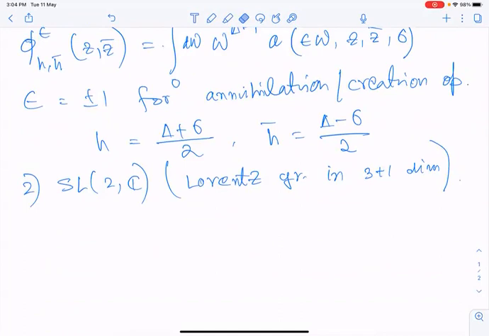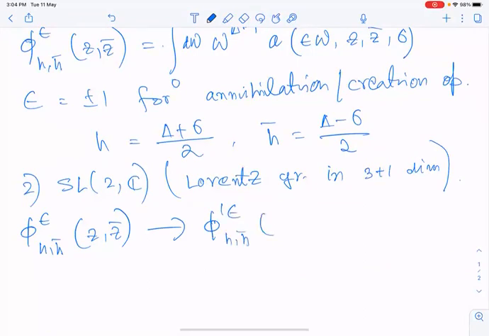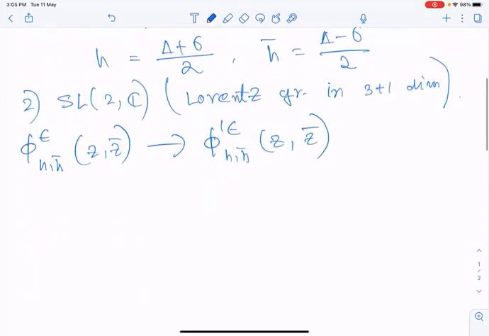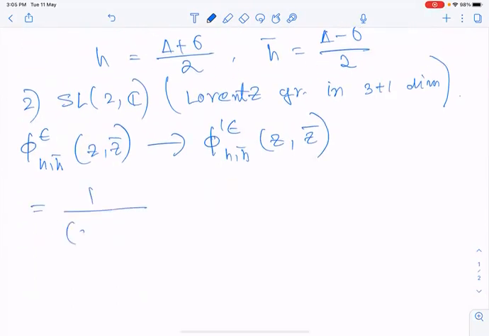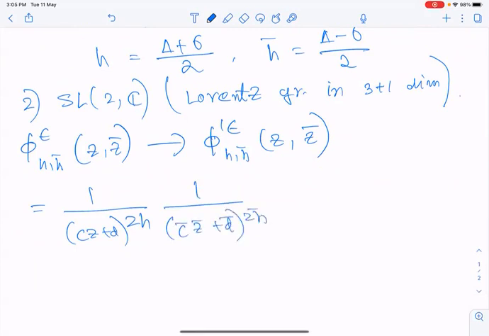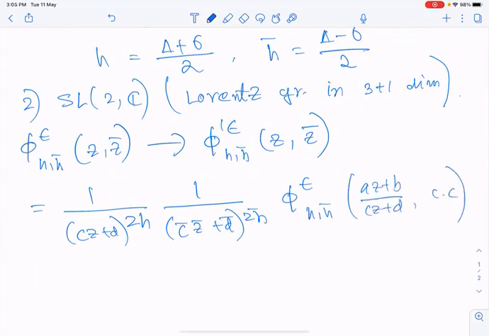Under this transformation, this conformal primary wave function transforms like a primary in a conformal field theory, with scaling dimension h bar, where A, B, C, D is a 2x2 matrix in SL(2,C).